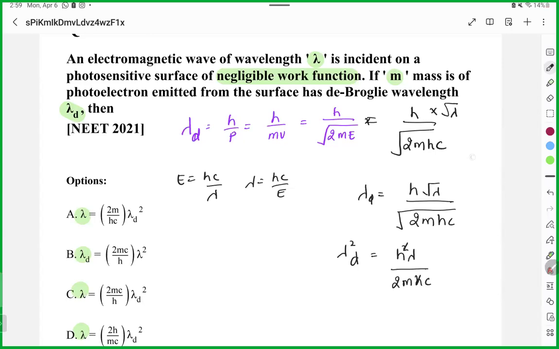H cancels. Correct? What will be your lambda value? 2mc into lambda d square by h. Do you have any option, mc lambda d square by h? Yes. Did you understand, Sahil?